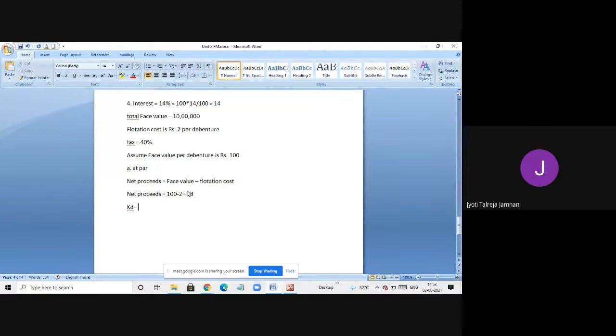Cost of debt will be interest 14 rupees, which was calculated, divided by 98 rupees net proceeds, into 1 minus tax. Tax is 40%. So into 1 minus 0.4, into 100. 14 divided by 98 into 0.6 into 100. You get 8.571.